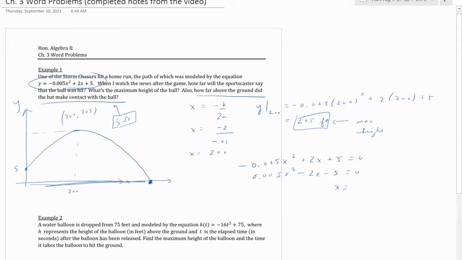So opposite of b plus or minus the square root of b squared minus 4ac. So 0.005 times -5 is negative 0.025. It's not hundreds. All over twice that a.